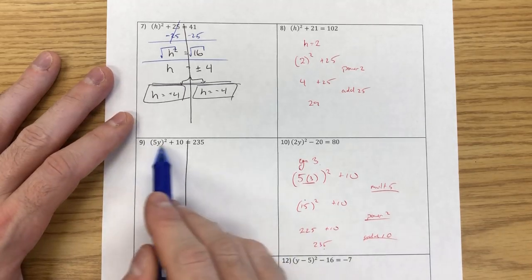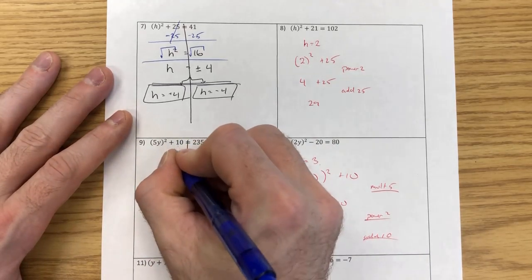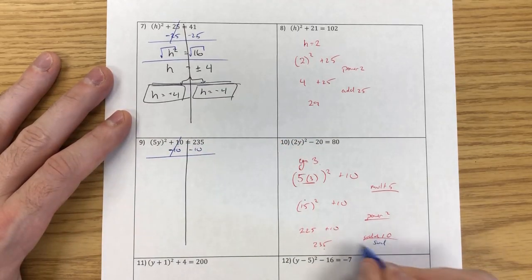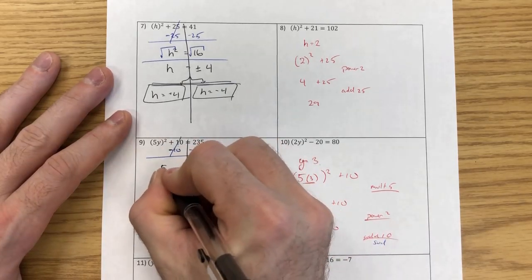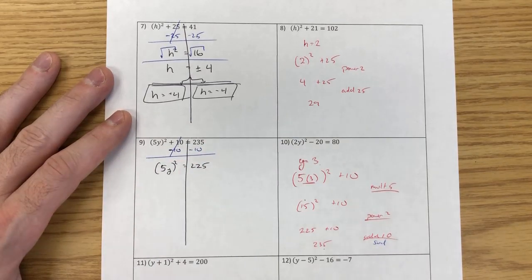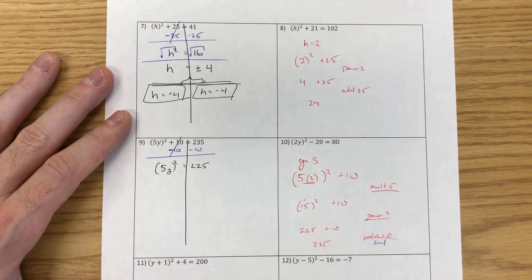Now our first step, looking at the equation, I know that 10 is on the farthest outside, so I'm going to go ahead and subtract that, which is exactly what we would do if we're reversing our process. So I'd have 5y squared is 225. I know my next step, looking at the y, is outside the set of parentheses is a square.